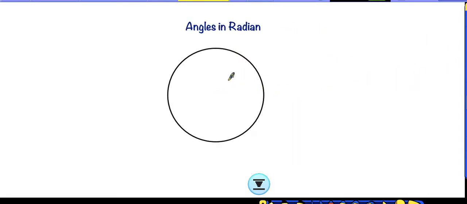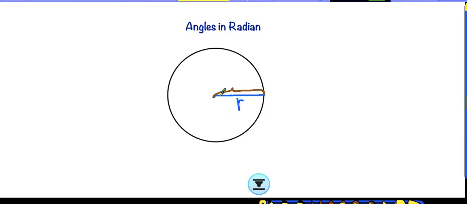Angle in radian. First of all, let's check this circle, and this is going to be R. I want you to pay special attention to this piece R. The angle in radian basically tells us, instead of giving the definition of 360 here, I want to measure the angle by using a string. Imagine there's a string.